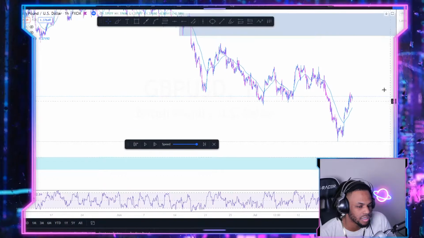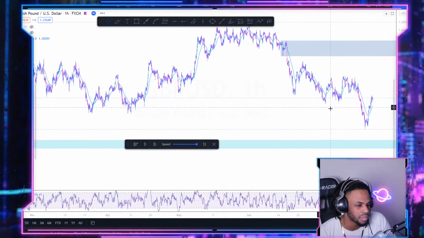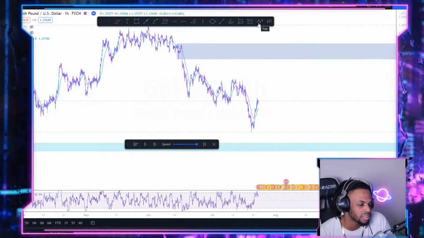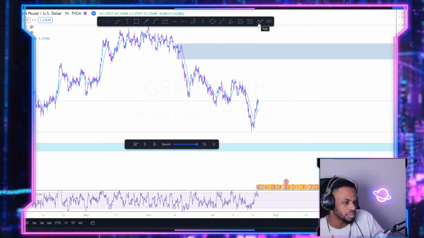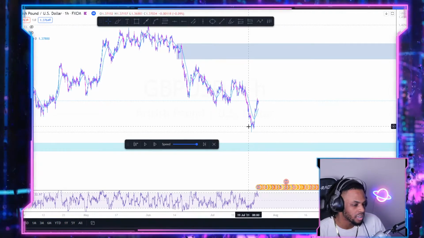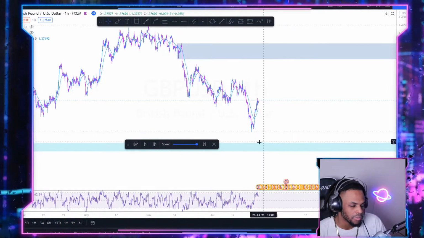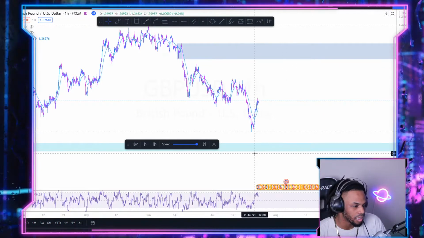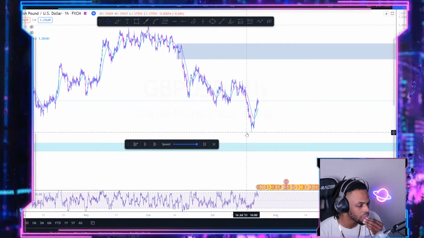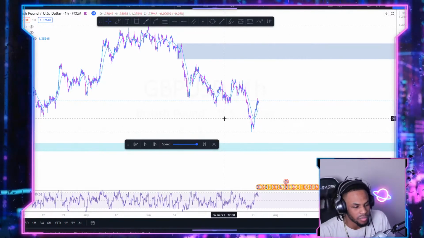All right, so now let's look at market structure and see where price has been headed and where it could potentially go first. Okay, so I don't like trading towards these zones. You see how price got all the way down here. I wouldn't have my take profit all the way down here hoping to hit that order block. A lot of the times it will head directly to your order blocks, but that's something you have to back test.